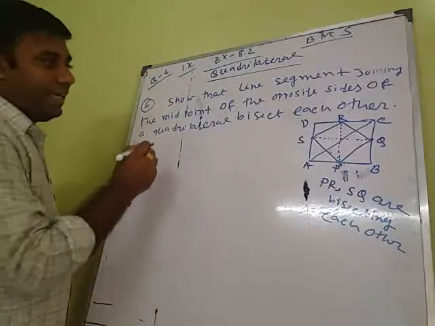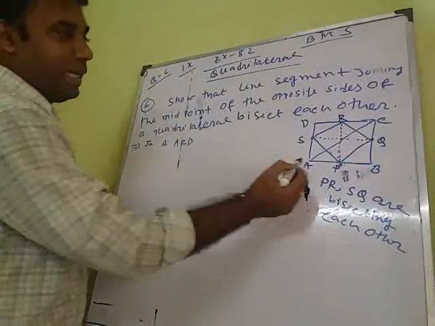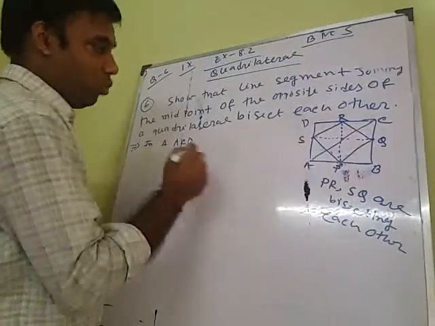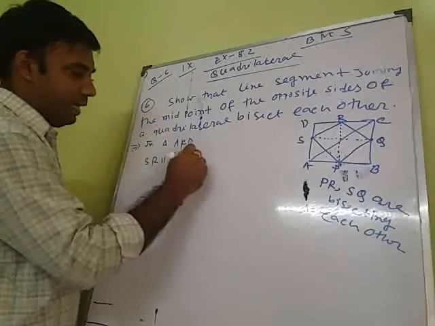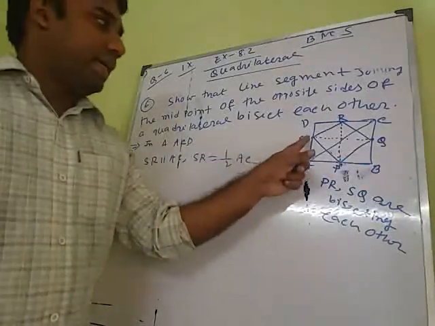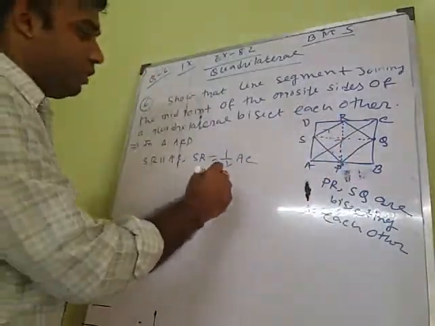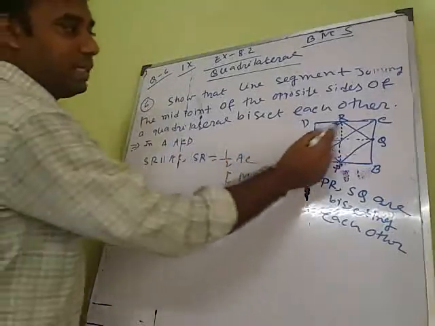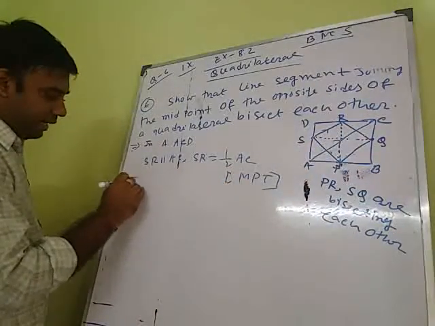Now, taking triangle ACD, the midpoint of AD is S and the midpoint of CD is R. So by the midpoint theorem, SR is parallel to AC and SR equals half of AC.